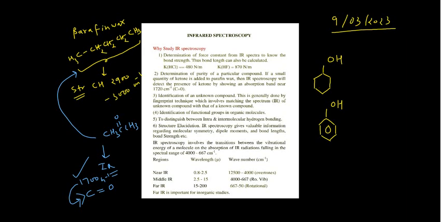However, these two look very similar, but you can see here the absence of the double bonds. This is the benzene ring, this is the cyclohexane ring. If you run the IR spectra of these two compounds, they would be quite different. So this is very important in the fingerprint region.